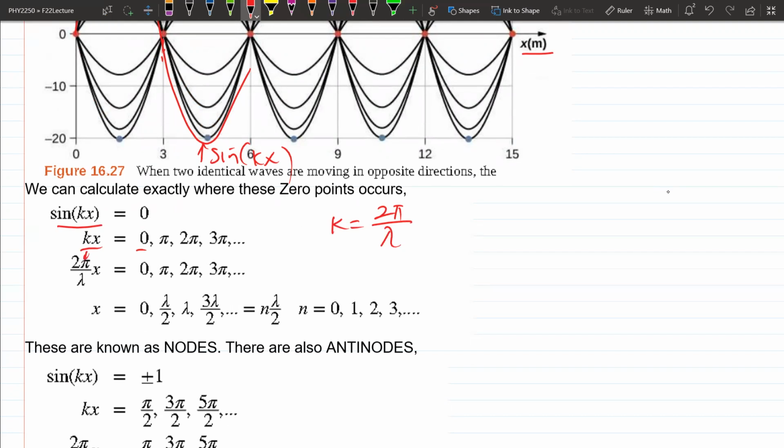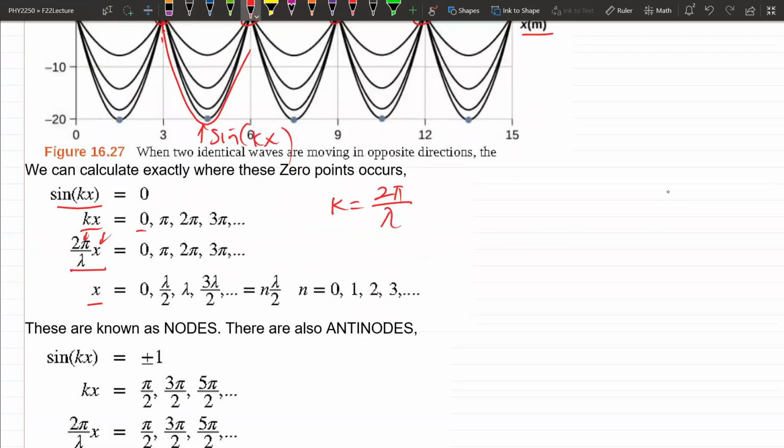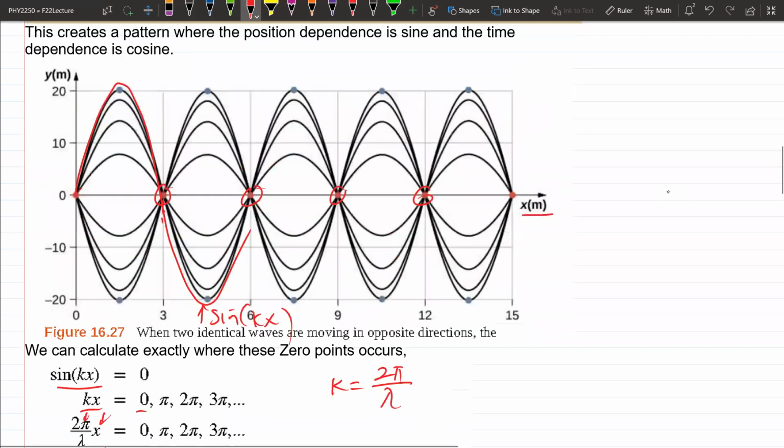In order to find at what position x the wave is equal to 0, meaning trying to find all these red points, you can solve this equation for x. At x equal to 0, the wave's going to be 0, but that's obvious because that's the starting point.